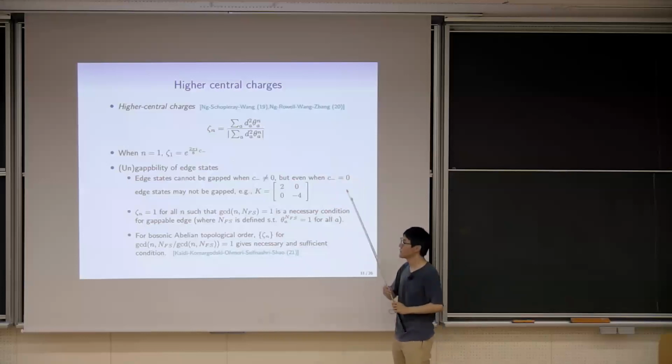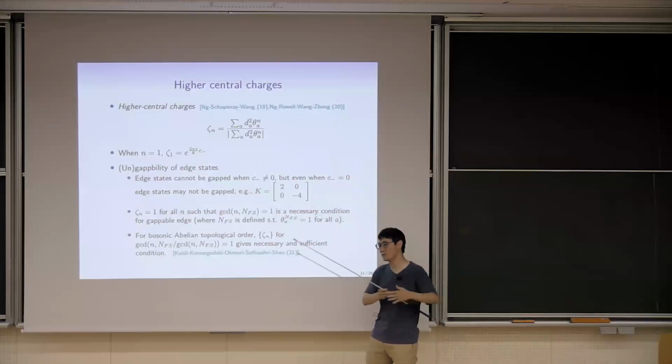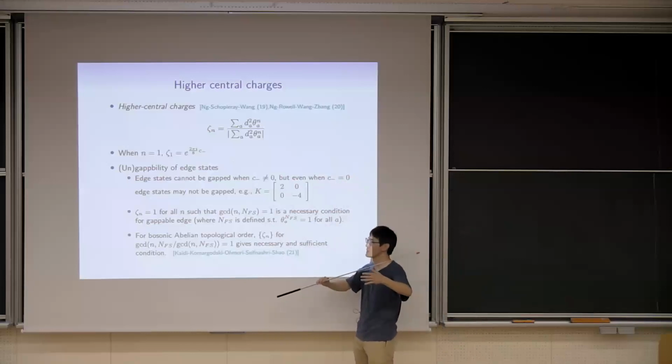But you could consider more complicated topological states with multiple edge states. For example, you could have a boundary which supports both left and right moving boundary modes, and then you could have a situation where thermal conductivity, or chiral central charge, is actually 0.